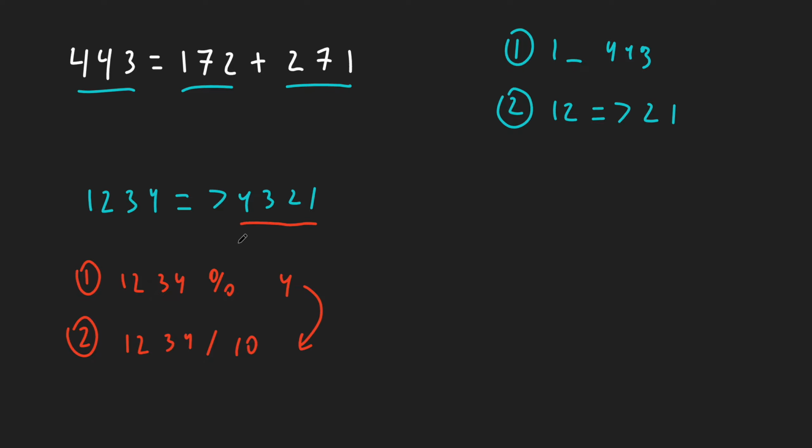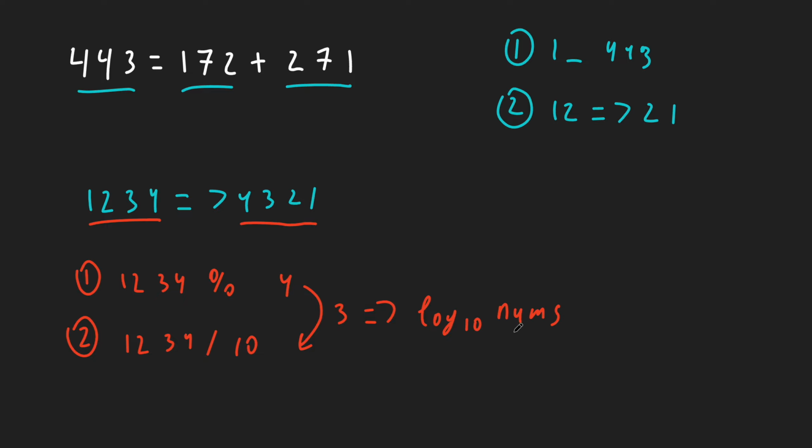So how many times are we doing this operation? We are doing that 3 times. How many times are we going to divide 1, 2, 3, 4? We are going to divide that 3 times. So our time complexity for the reverse function would be logarithm base 10 of num in the worst case scenario.